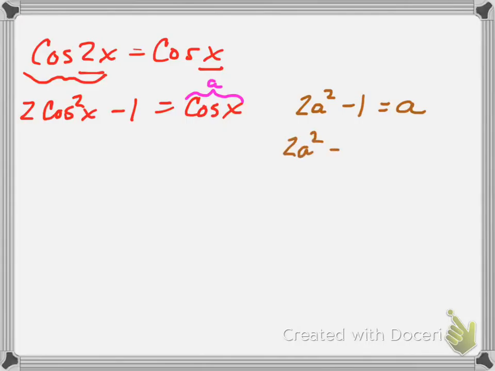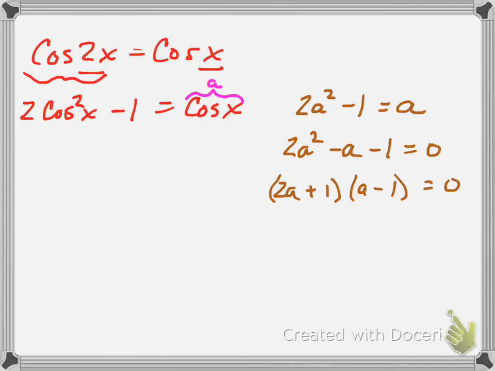I'm going to move things around. Now I have a quadratic. We can factor the quadratic using the monkey method, which you should all be very familiar with. It factors into 2a plus 1 and a minus 1.